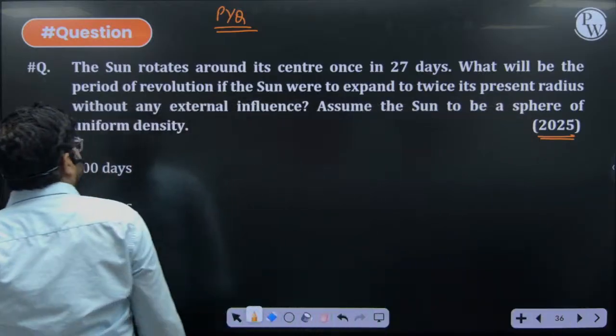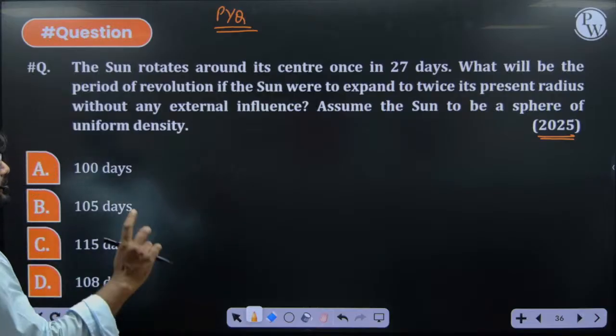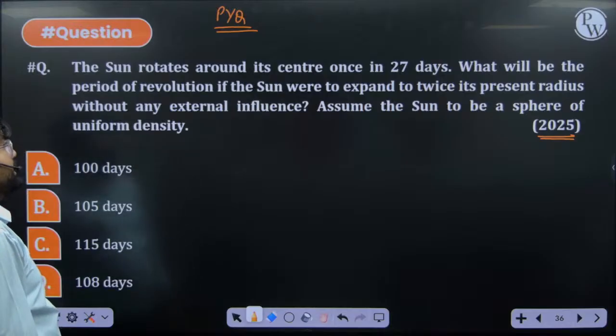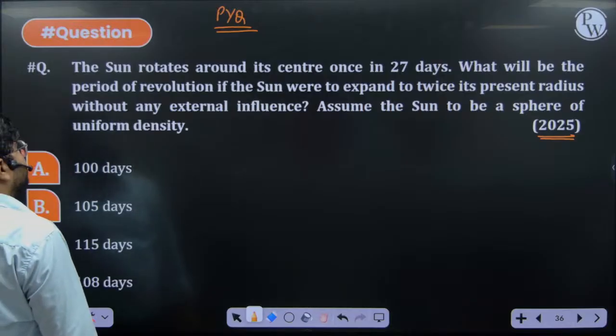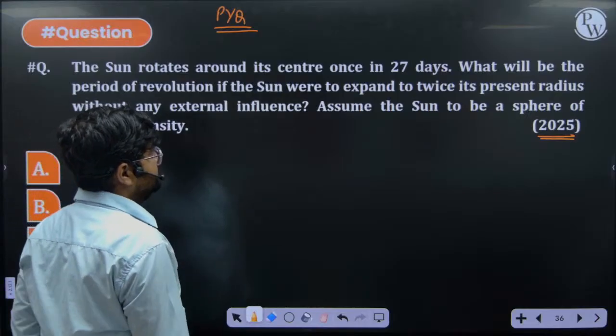The sun rotates around its center once in 27 days. Time period of rotation of sun is given. What will be the period of rotation if the sun were to expand to twice its present radius without any external influence?